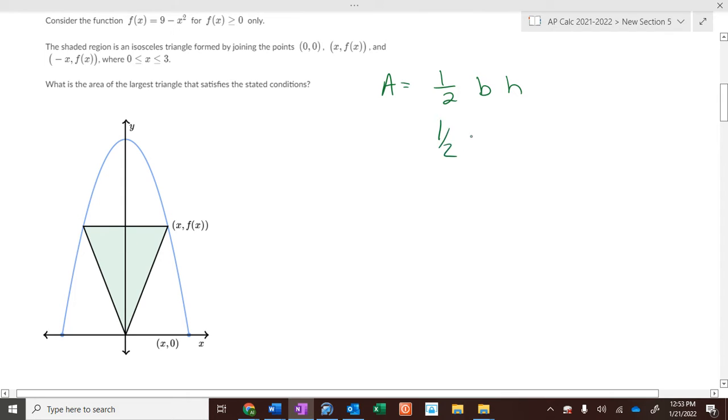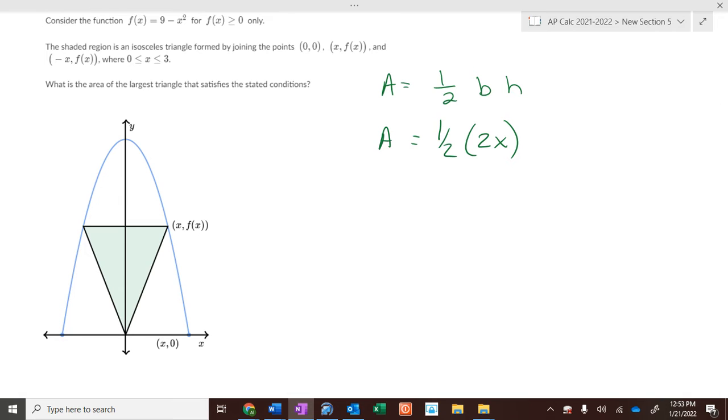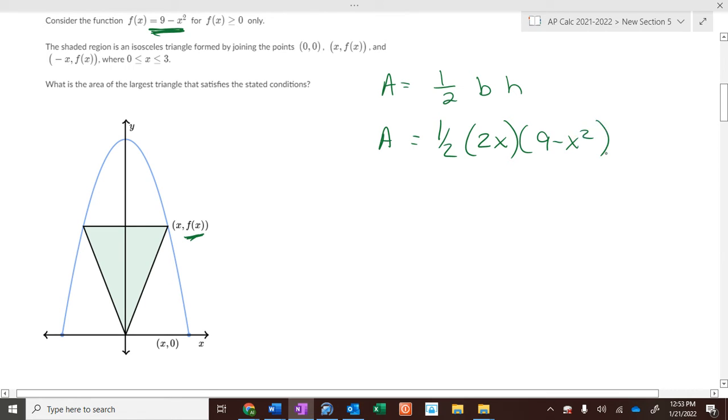All right, 2x is the length of the base. What's the height of this? The f of x. See the y value, which is the f of x. It says the f of x right here is 9 minus x squared.